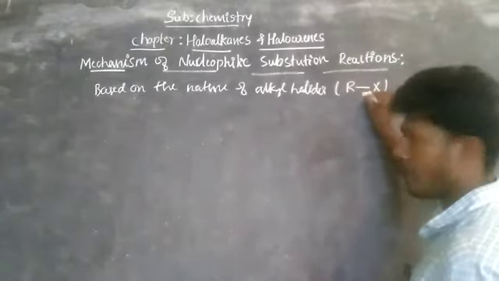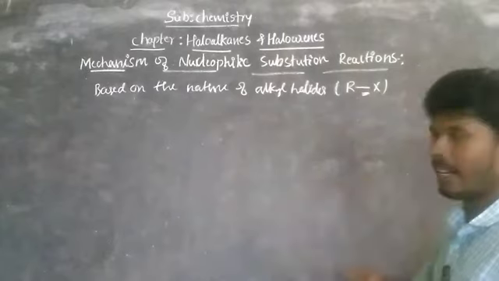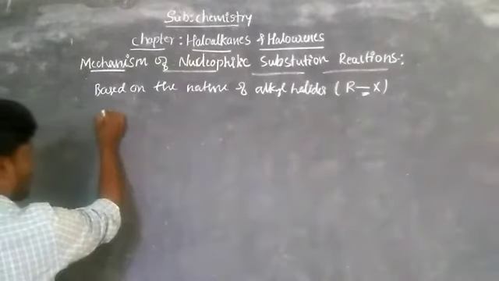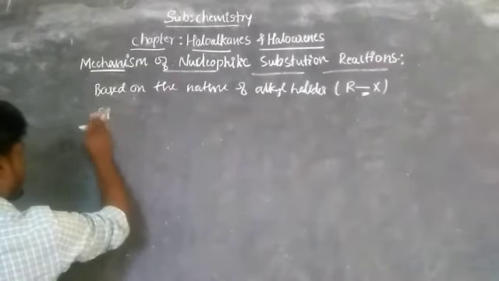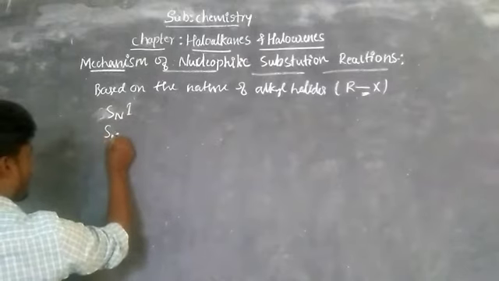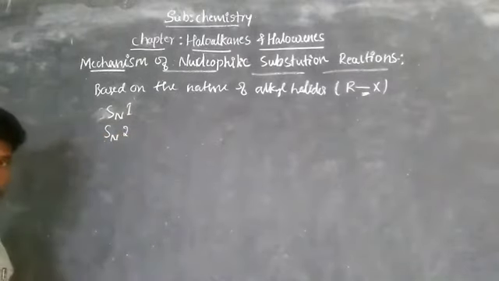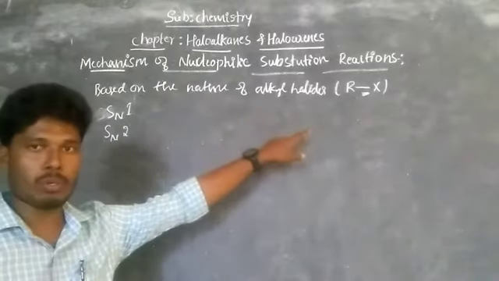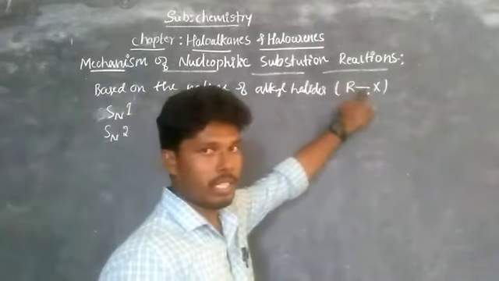Based on this bond, the mechanism is classified into two types: SN1 and SN2. These are the two types of reaction mechanisms. We classify them on the basis of the R-X bond.